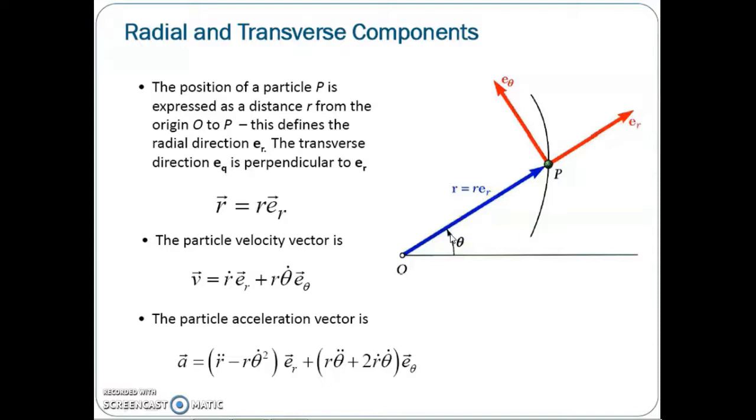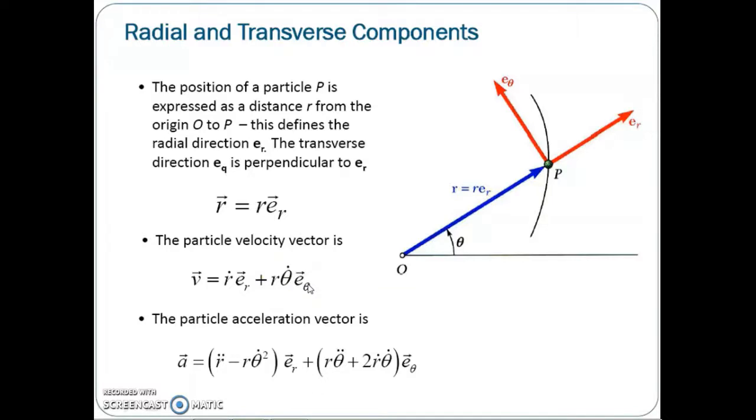So if we have the position of a particle P in terms of r equals r in the direction of ER, then we differentiate once to get the particle's velocity vector, which can be represented by this. v equals r dot ER plus r theta dot E theta.